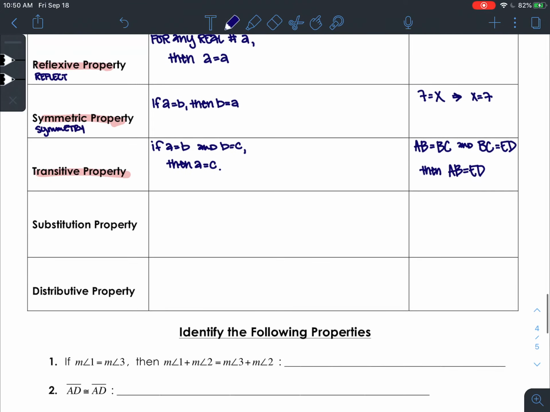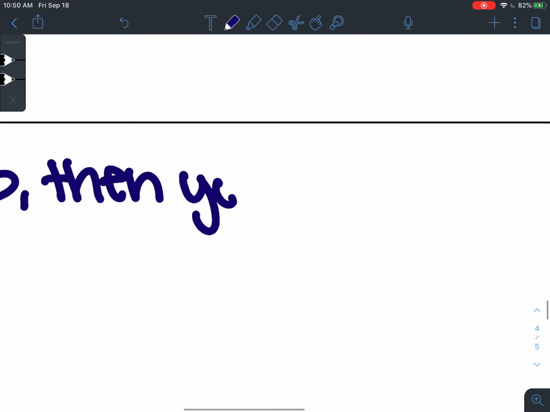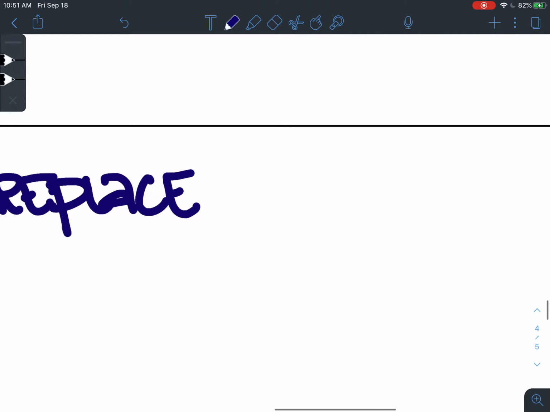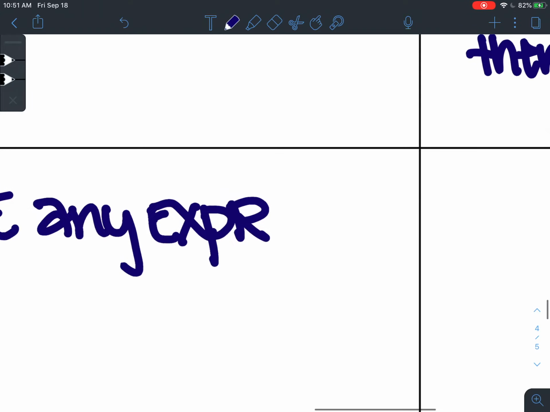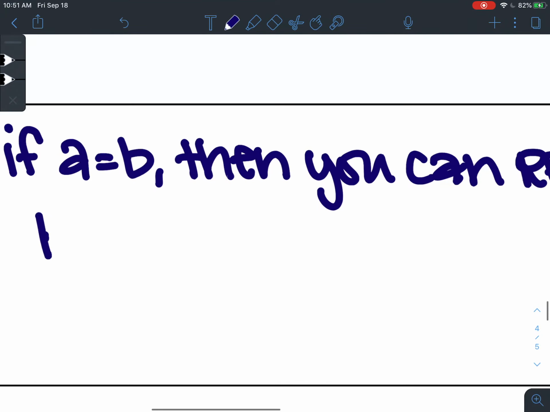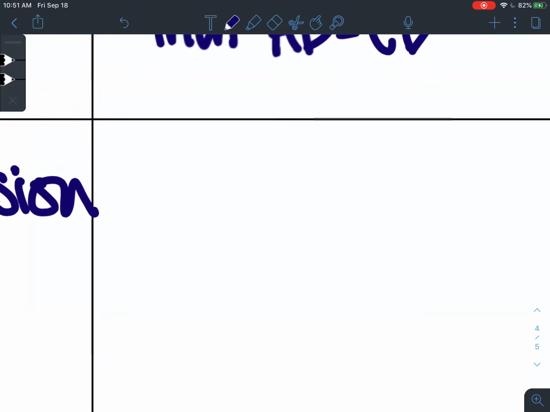Okay, so for the last two, the substitution property says is if A equals B, then you can replace any expression B with A. Okay, so for example, you guys use this, all right?